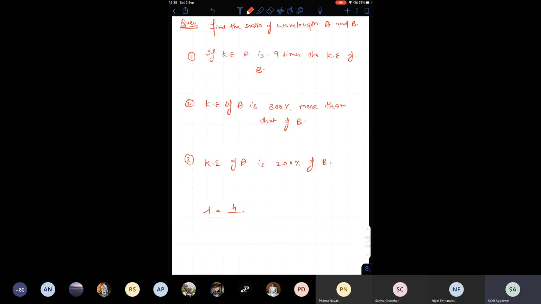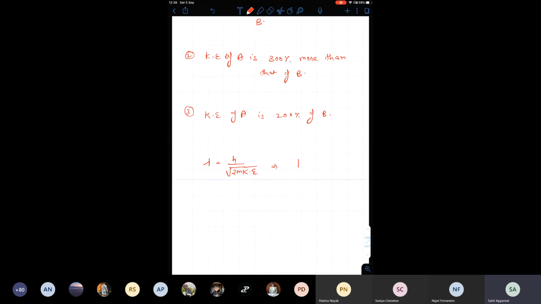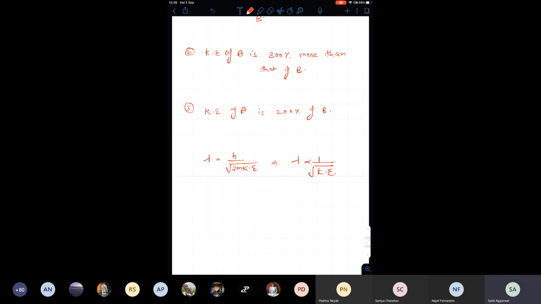Lambda is equal to h upon root 2 m into kinetic energy. That means lambda is inversely proportional to root of kinetic energy. That means lambda 1 by lambda 2 is equal to kinetic energy of 2 divided by kinetic energy of 1, per root. Any doubt till here?